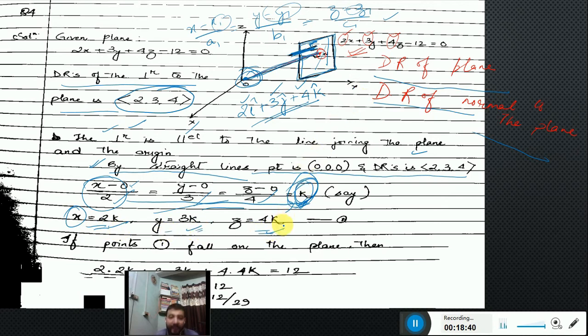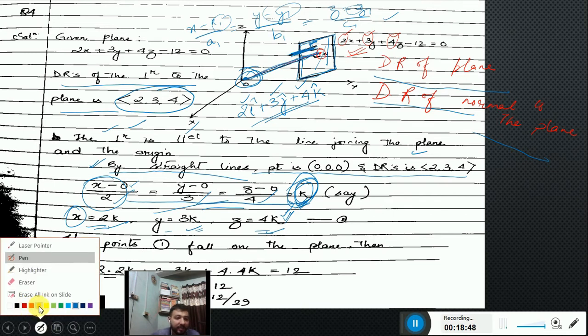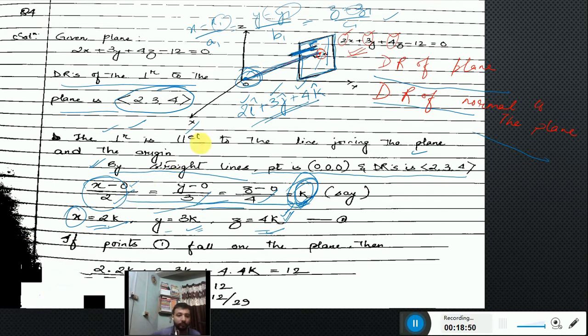So as I change this k, I will get different points on this line.